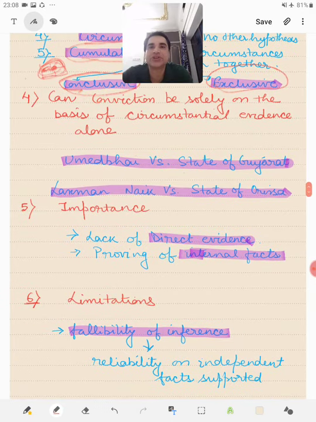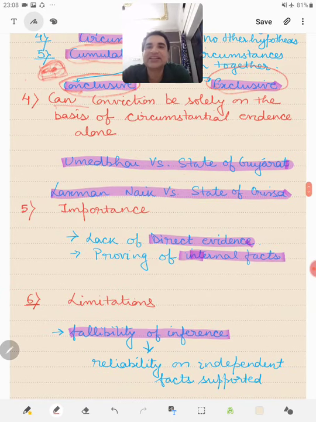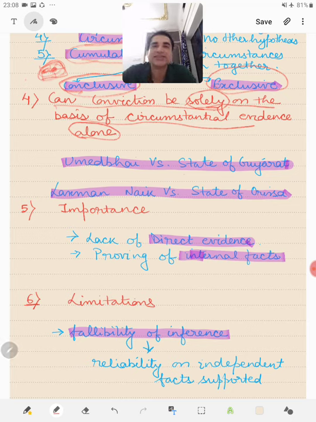Now, another important question is that, can conviction be solely, it's not mainly, it's solely on the basis of circumstantial evidence alone? Suppose there is a case, and in that case the only evidence is circumstantial evidence. Can conviction be solely based on it?